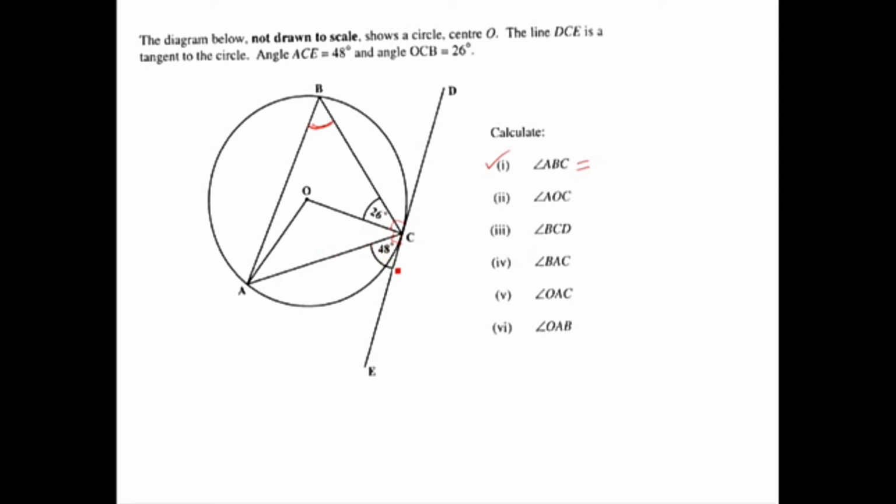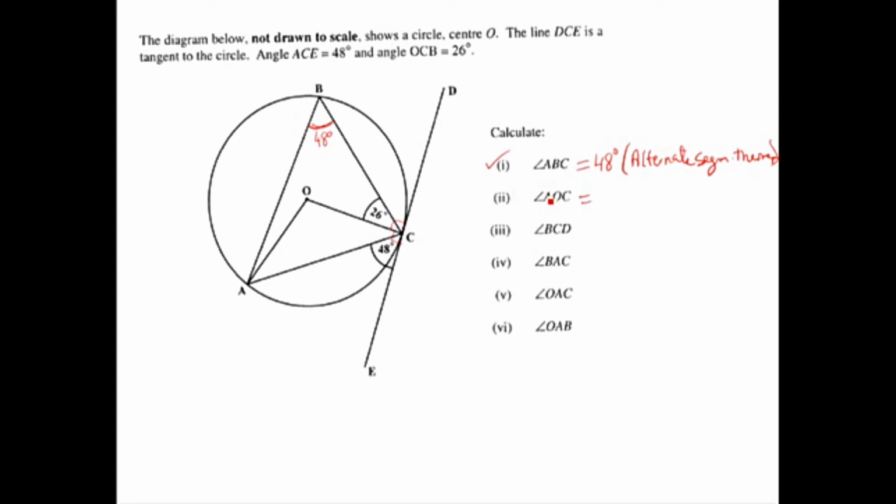The angle in the minor segment is equal to the angle in the major segment, so this is going to be 48 degrees as well. And the reason for that is the alternate segment theorem.